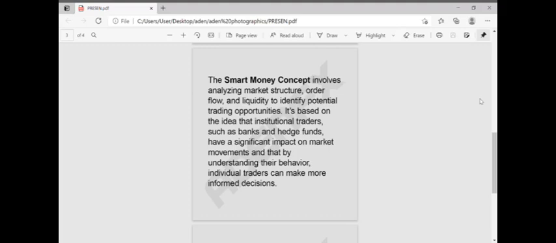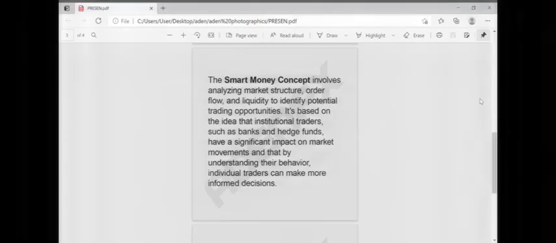That is you identifying the market structure, the order flow, and liquidity to find potential trading opportunities. If you're able to identify these zones, it's easier for you. It's based on the idea that institutional traders such as banks and hedge funds, like I said earlier, have a significant impact on market movement, and by understanding their behavior, individual traders can make more informed decisions.